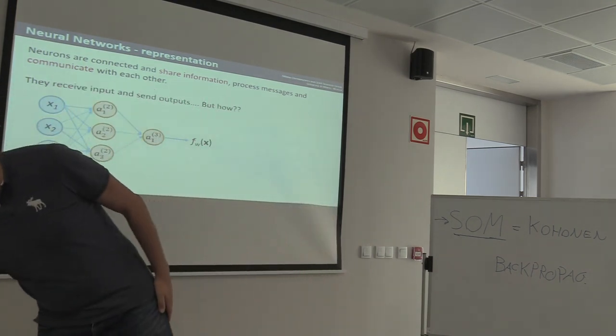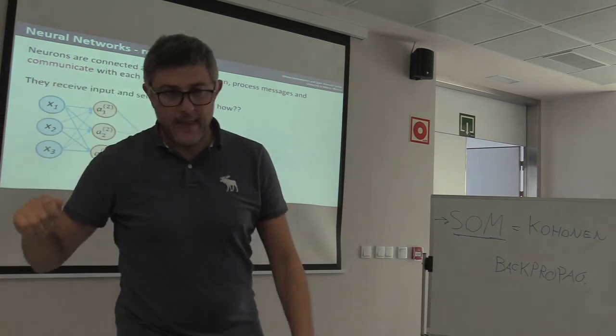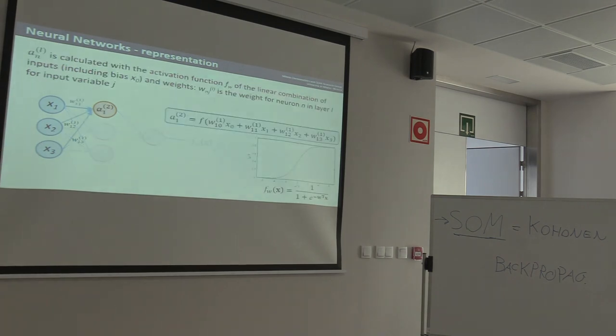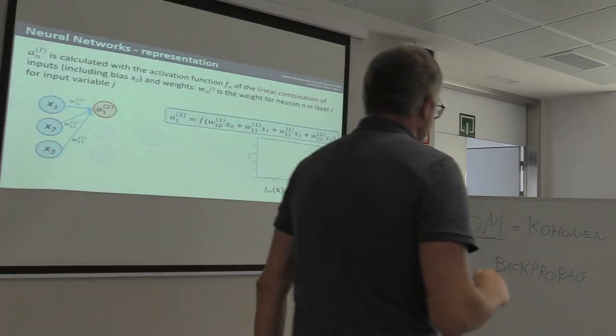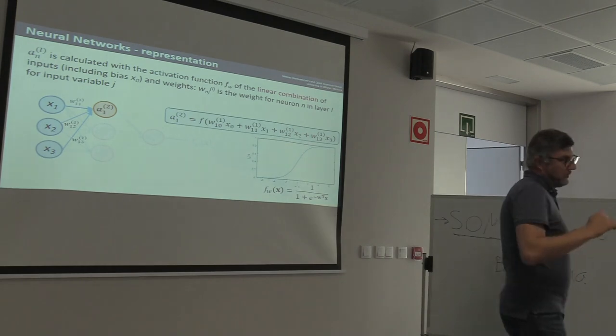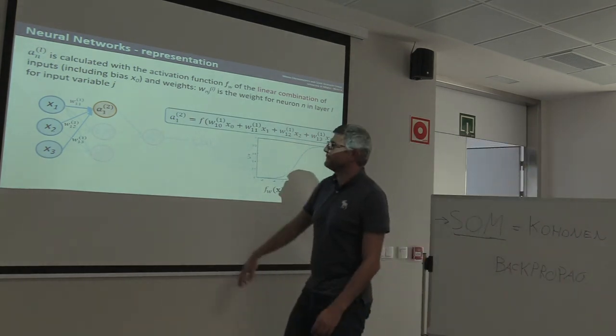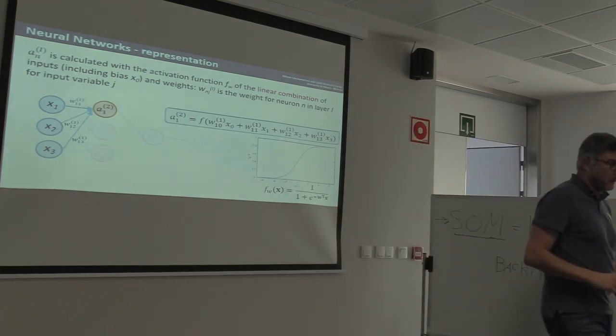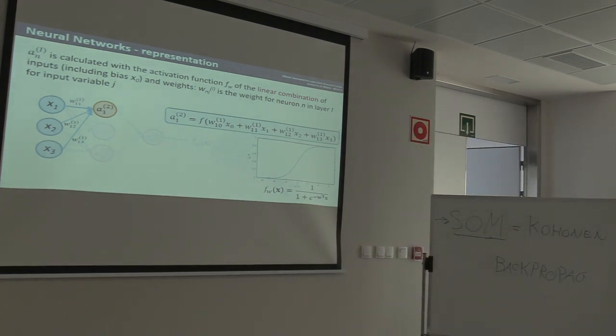Now let's see better how this information is propagated with the logistic activation function. Imagine we have this neuron, the first neuron in the first layer.